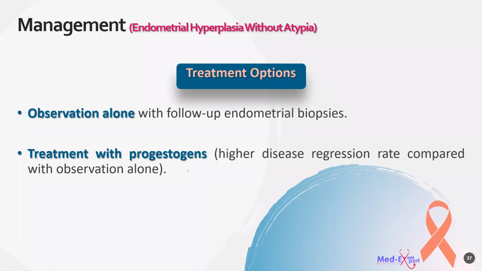Of course, treatment with progestogens will have a higher disease regression rate compared with observation alone. So when you counsel the patient and give her the choices, you also have to tell her that treatment with progestogens has higher disease regression rates compared with observation alone.